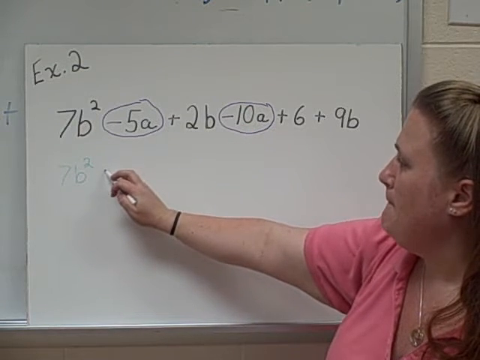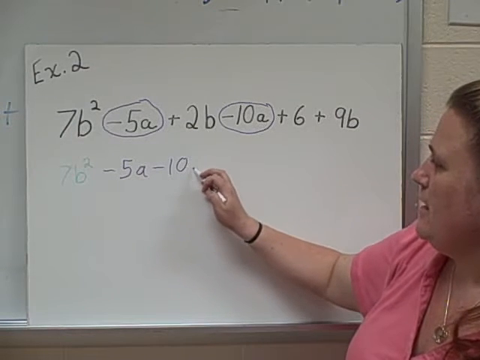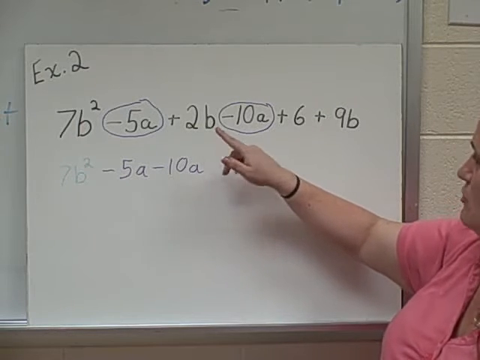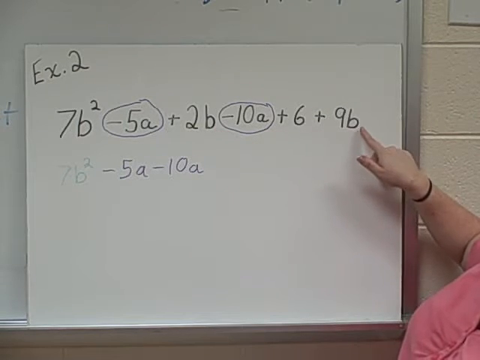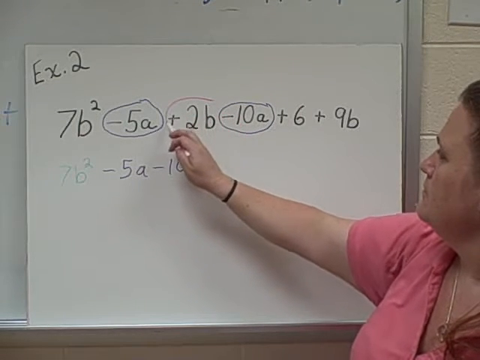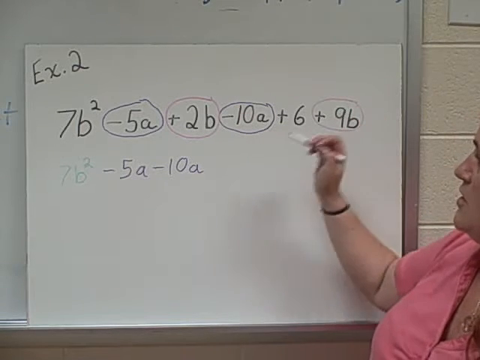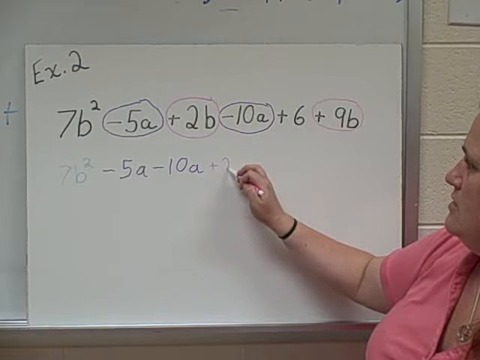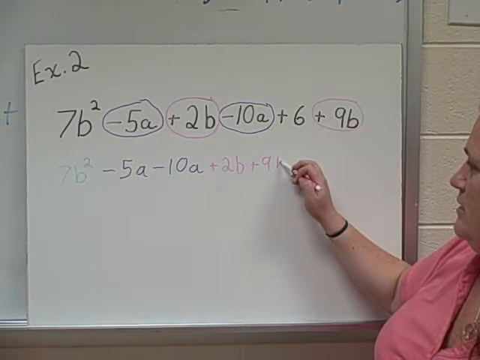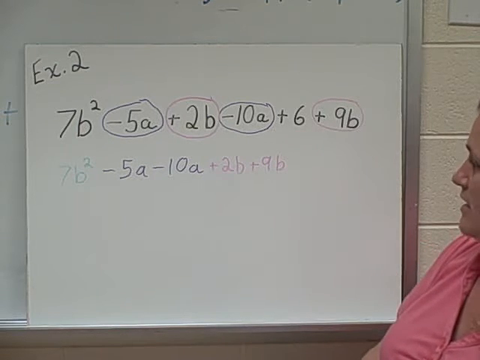So that is minus 5a minus 10a. I have a b. Do I have any other b's? Yes, I do. So write it down: plus 2b plus 9b. And then I have the plus 6 at the end.